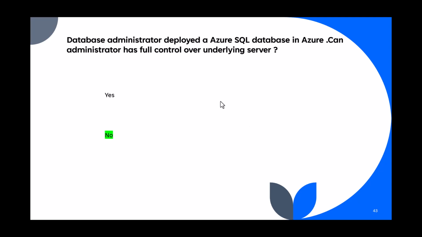The answer to this question is no. If you have a virtual machine and SQL installed as a SQL virtual machine server, then you have control over the underlying server. In the case of Azure SQL database, you don't have any control. So the answer to this question is no.